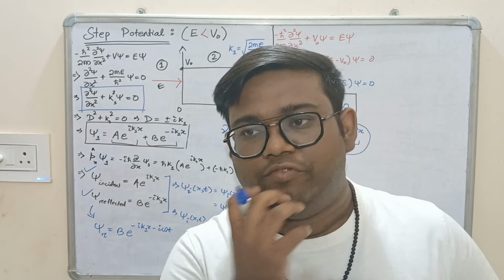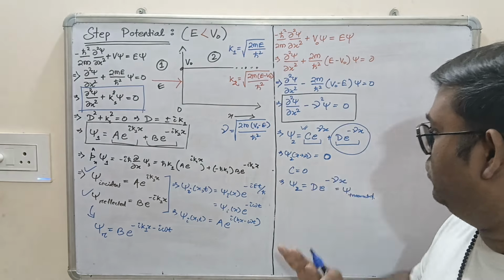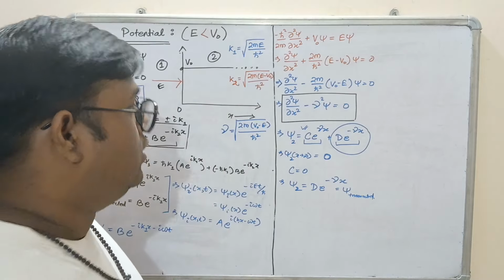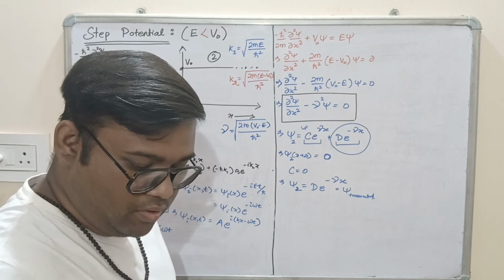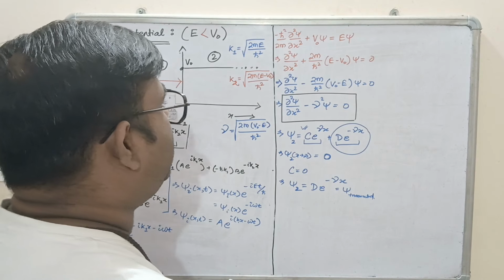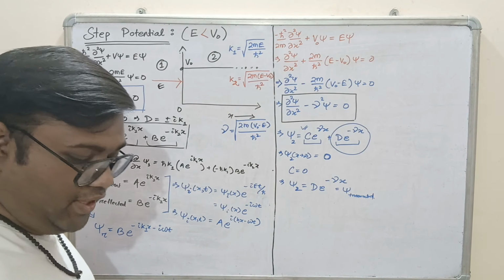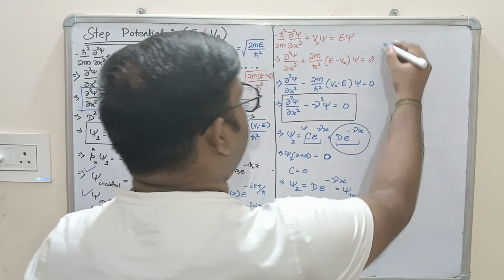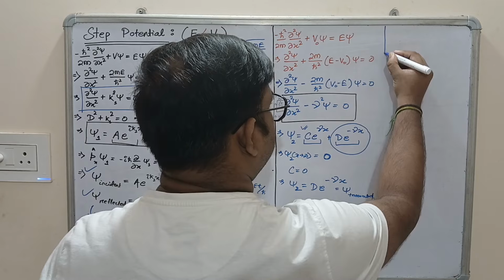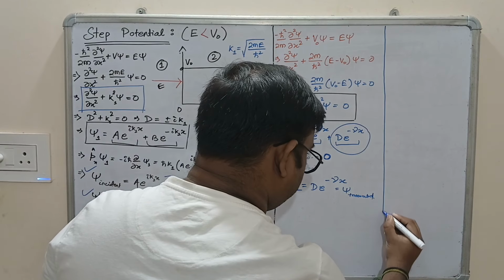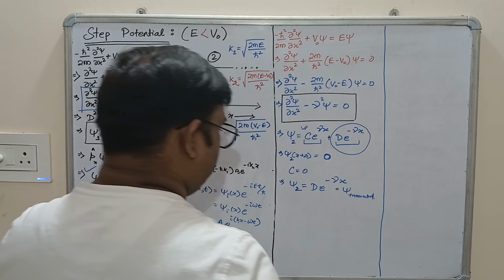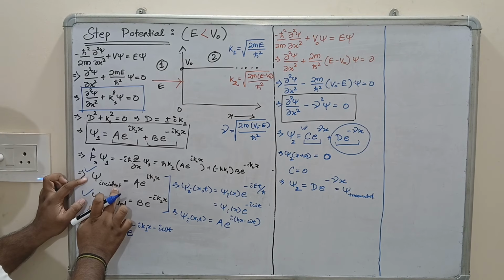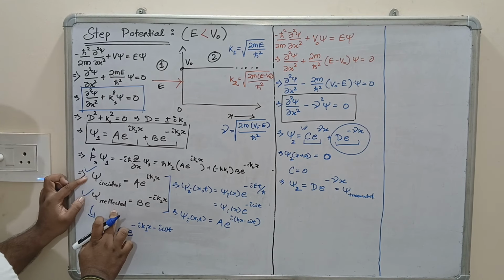Okay, from now till now, all the math is very easy. Nothing to worry about. But the problem will arise when you calculate the coefficient of reflection or coefficient of transmission. Now, how will you do it? Okay, look. This is your incident wave, this is your reflected wave.